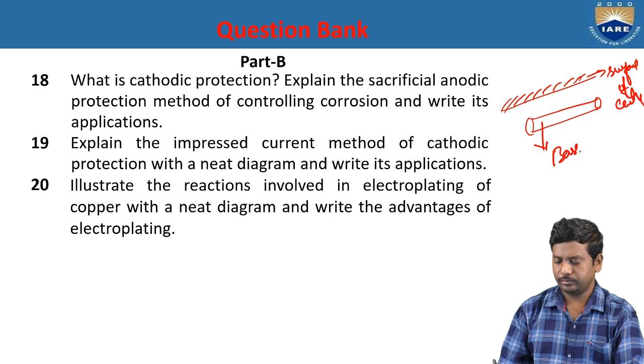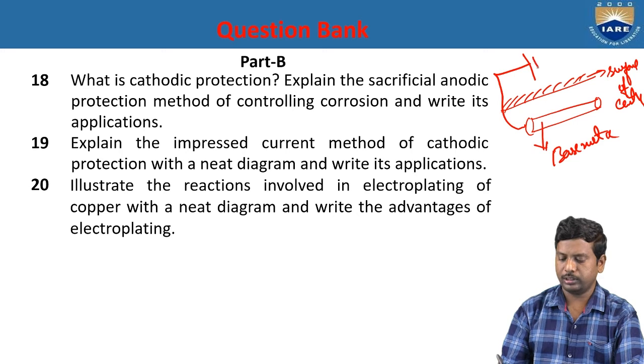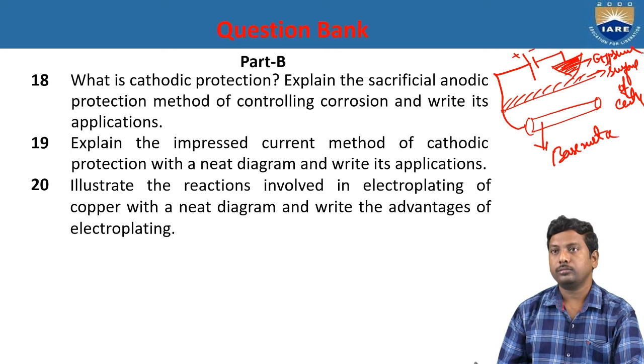This is the base metal, and it should be connected to a DC source. Should be filled with gypsum. Okay, so this is the diagram for the impressed current cathodic method, and the applications of this method are especially for large storage tanks and large pipelines.